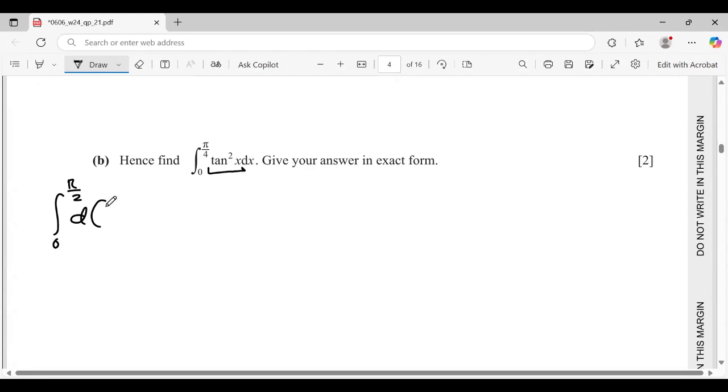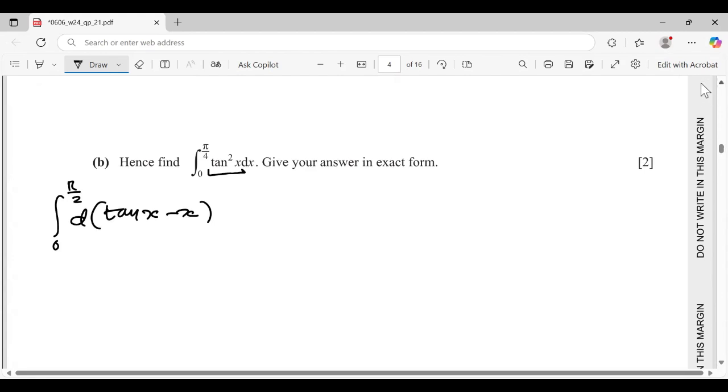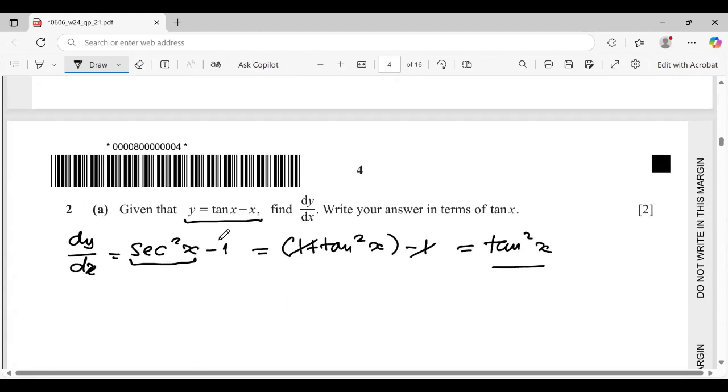Based on the solution in part A, the derivative of tangent x minus x is equal to tangent squared x. So it means the integral of tangent squared x is tangent x minus x.